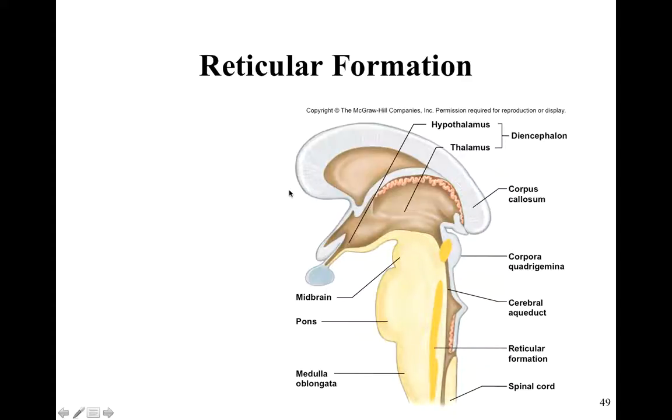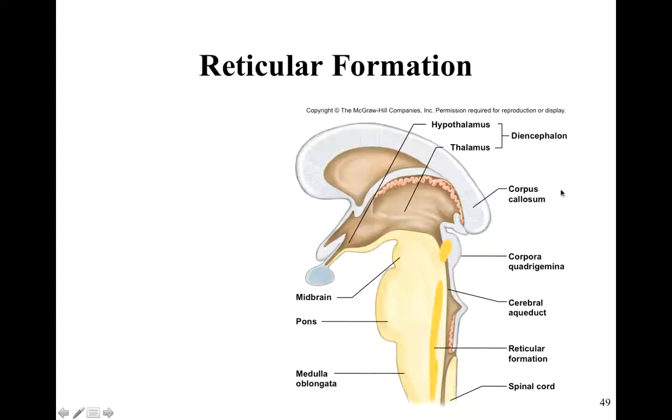Reticular formation. The reticular formation, once again, is kind of this general area within that brainstem. It extends into the diencephalon, obviously, and it's kind of scattered throughout the brainstem.